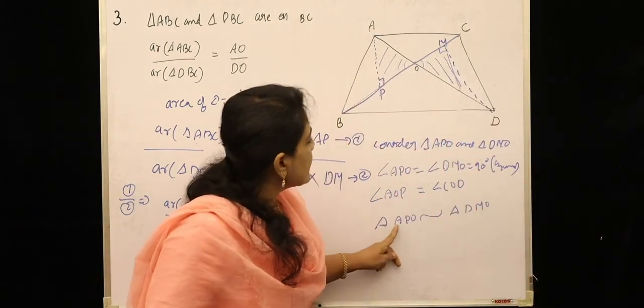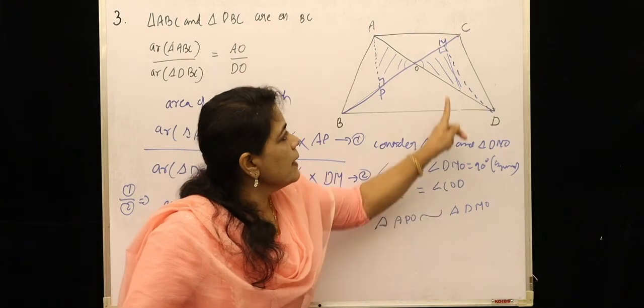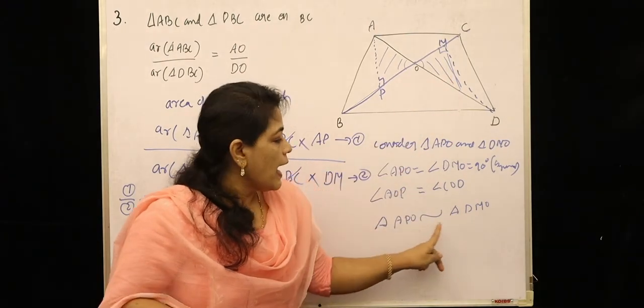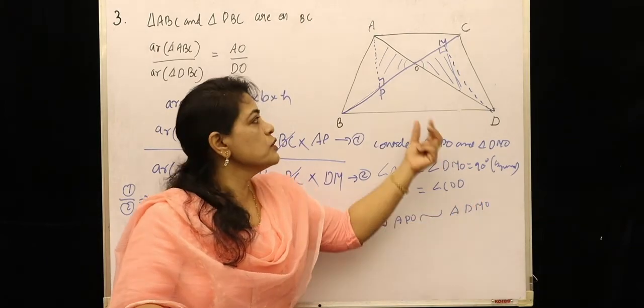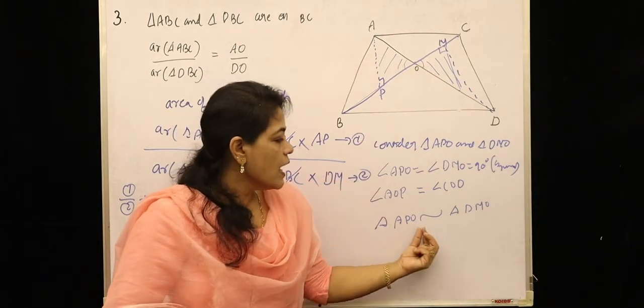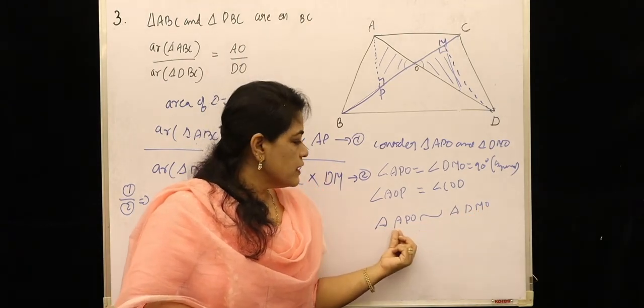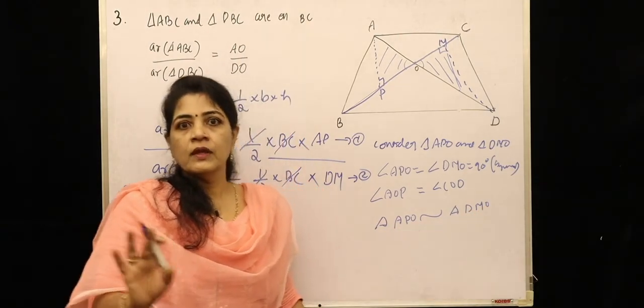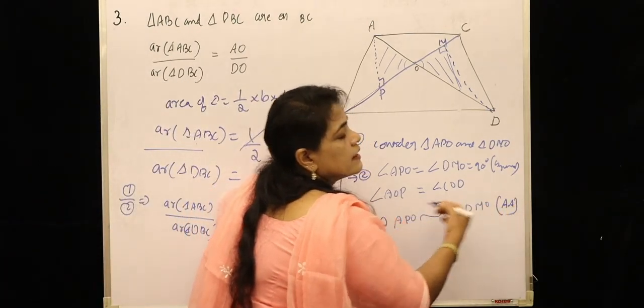Let us see whether they are in the correct symbolic form. Here P is 90 degree, here M is 90 degree, no problem. And in the second position O and O, being vertically opposite angles, I placed O in the third position, here also O in the third position. So the vertex A and here D. So they are similar under AA similarity criteria.